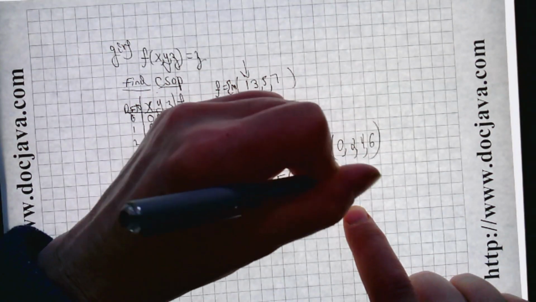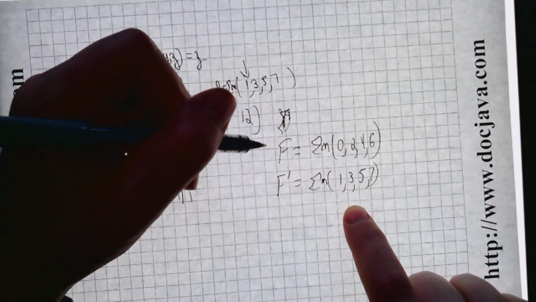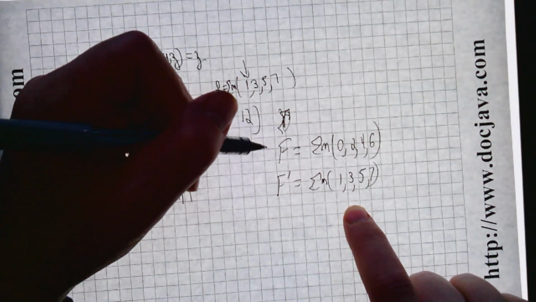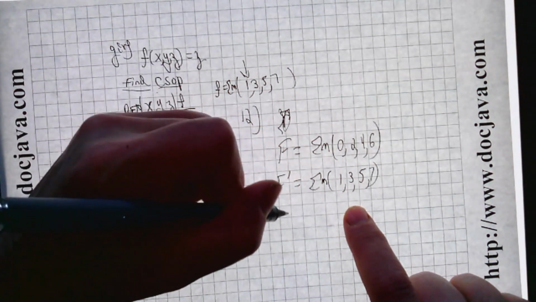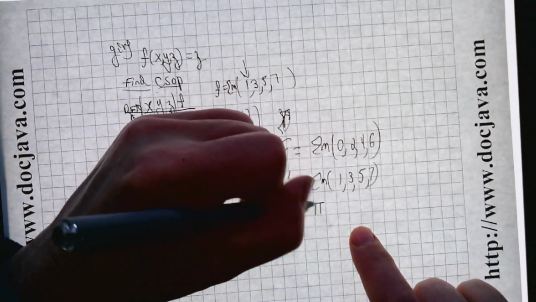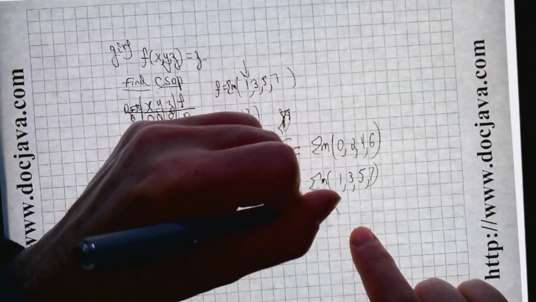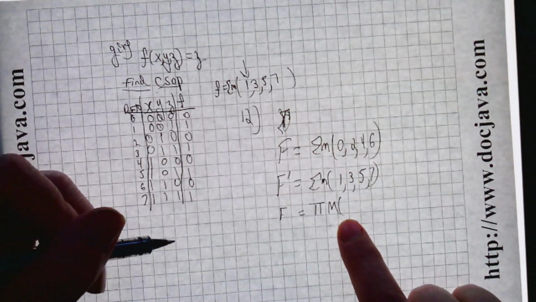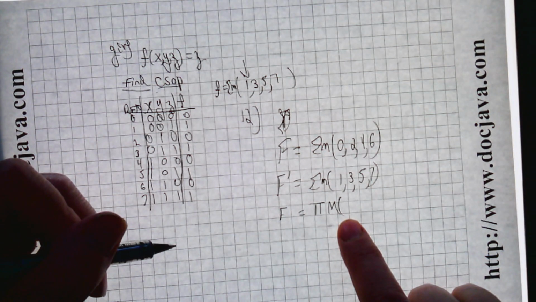That sounds good, but I don't see that here. That's not available. Well, what if I wanted to write it in pi product form? That is canonical product of sums. What would I write? Brendan, what do you think?